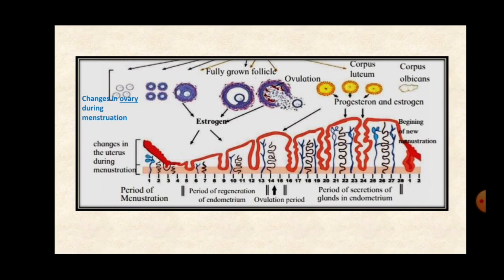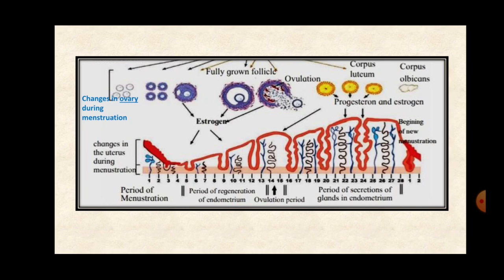Now, due to this formation of corpus albicans, secretion of estrogen and progesterone stops completely. Why? Because corpus luteum was secreting progesterone, and now it has been converted to corpus albicans, which is inactive and does not perform any work. So hence this stops the secretions, that is, stops progesterone and estrogen.